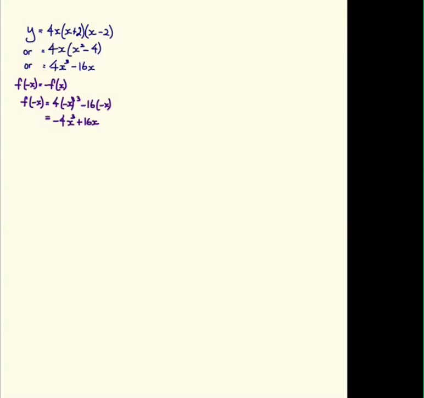Now if we look at the negative function of x, that's just negative times the entire statement. Be careful about this and put a negative outside the entire bracket, so you don't forget to multiply the negative by everything.